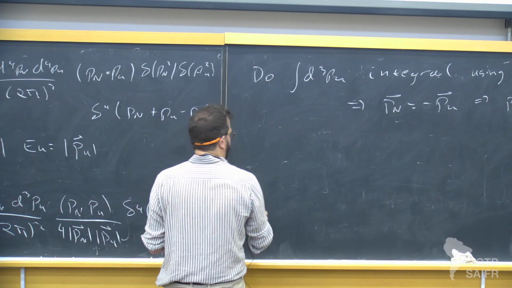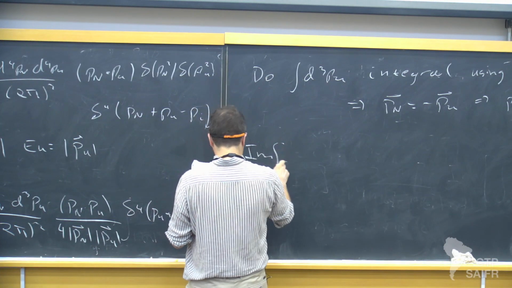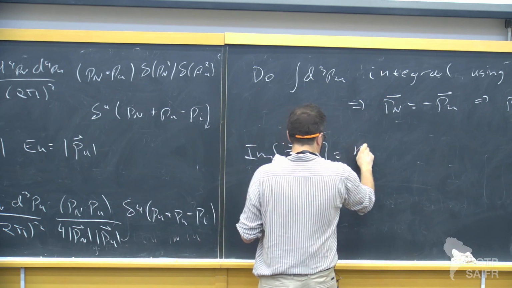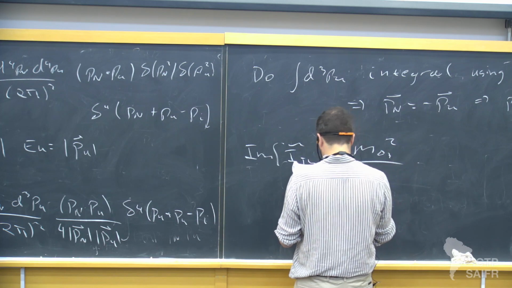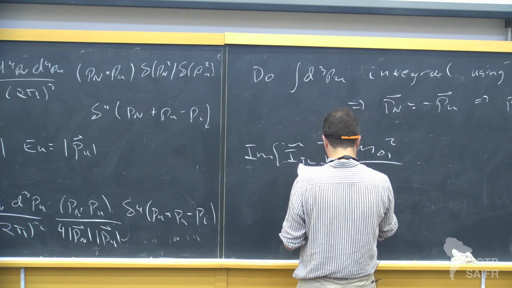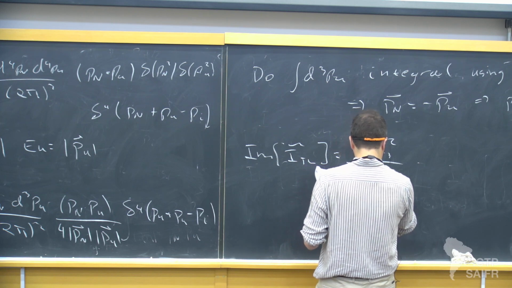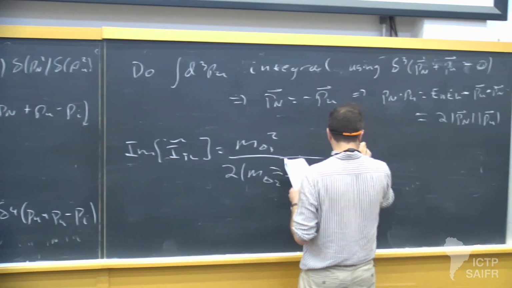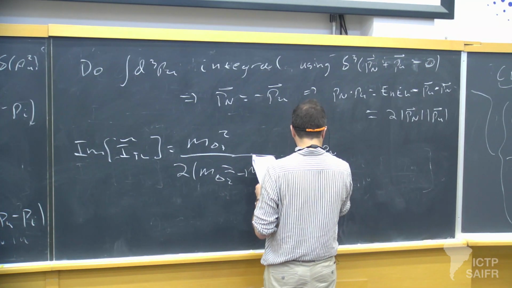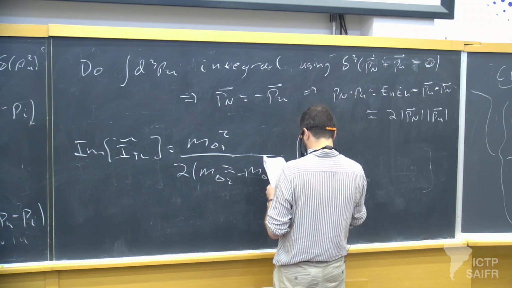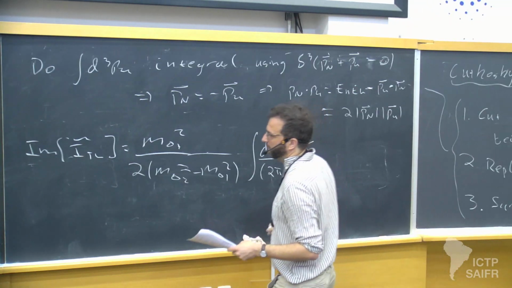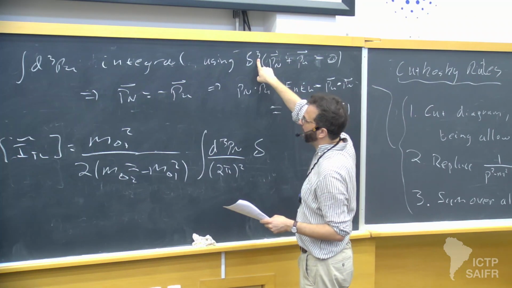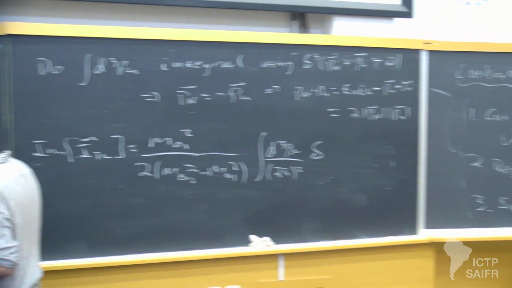Okay, so very good. Then, having done this, we're almost finished here. We get to delta m, collecting factors of 2 and so on. M delta 2 squared minus m delta 1 squared, d3 pn over 2 pi squared. And now I just rewrite this last. So we did the integral over the d3 part, and now we're left with the energy part of this.